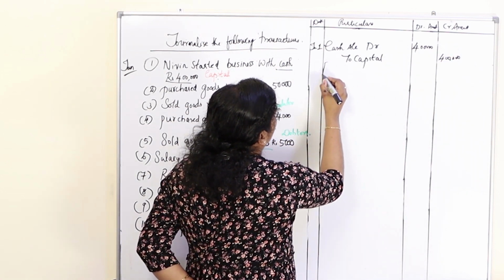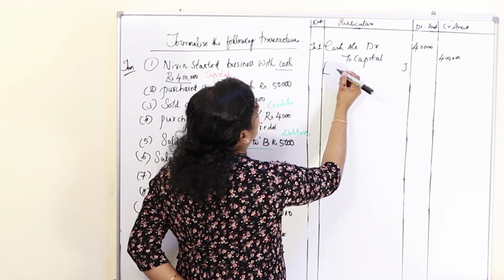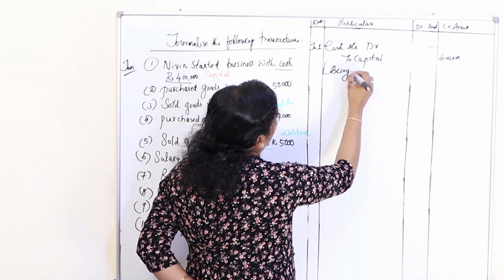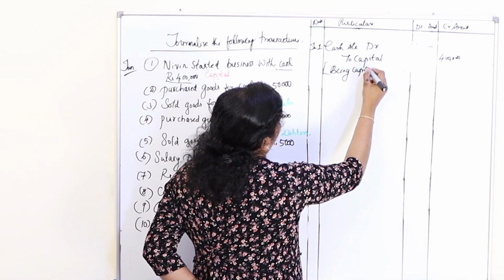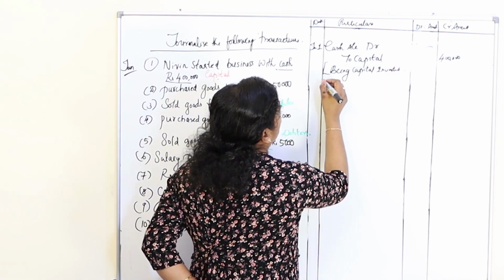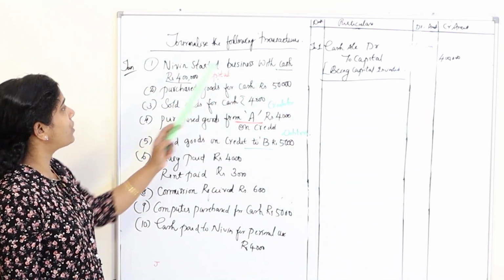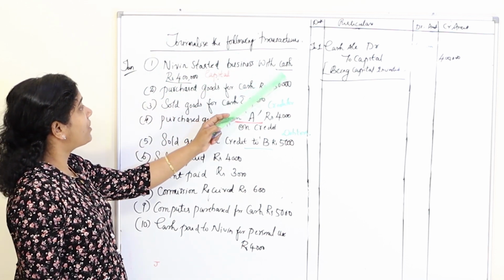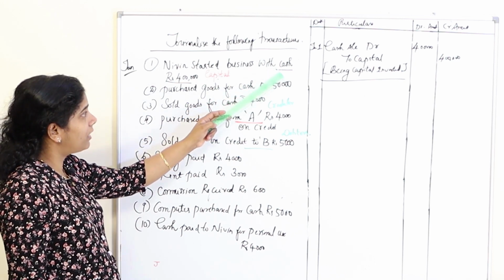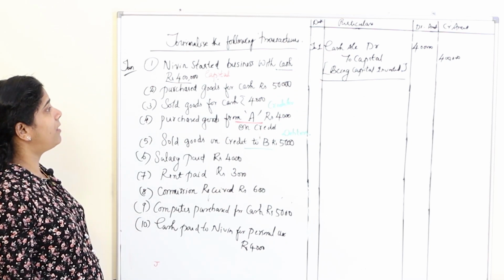And we have to write a description of the entry, or we can call it a narration. We start with: being capital invested by Mr. Nivin. So the first entry is finished. Nivin is bringing cash inside the business, so when cash is coming inside, we have to debit it. We have debited cash account to capital.